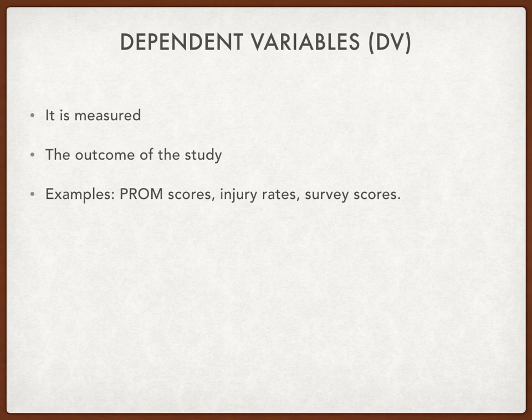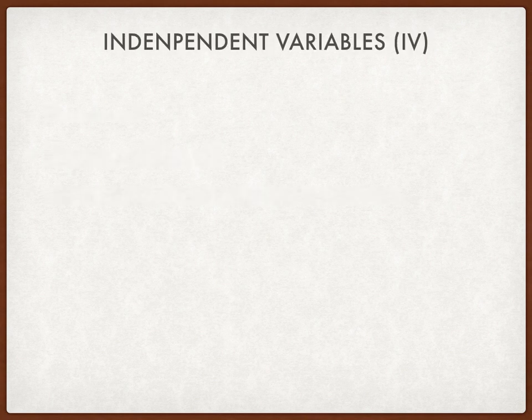So examples of the dependent variable: PROM scores, injury rates, survey scores. Again, it's something that's measured. I'm going to give more examples of this as we continue on, and especially in part 2 of the lecture. There's a lot more about independent variables than there are dependent variables.